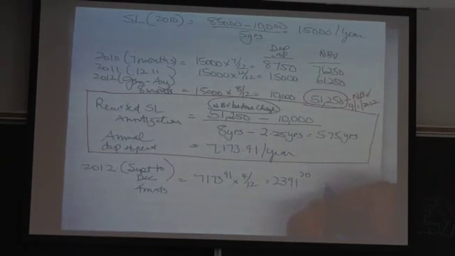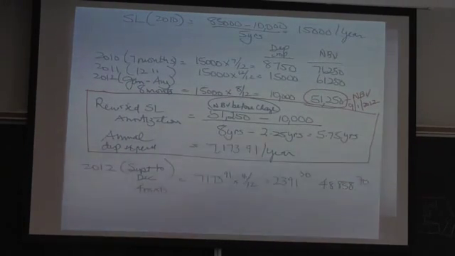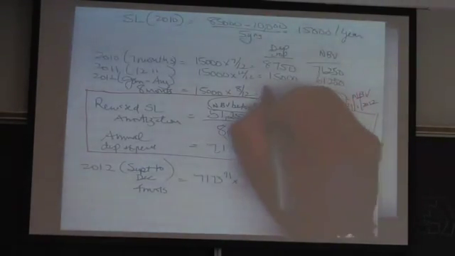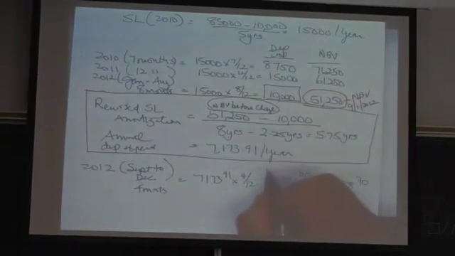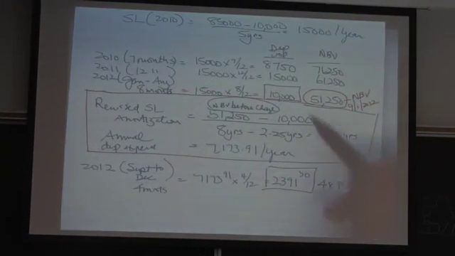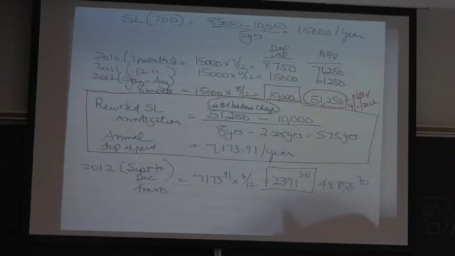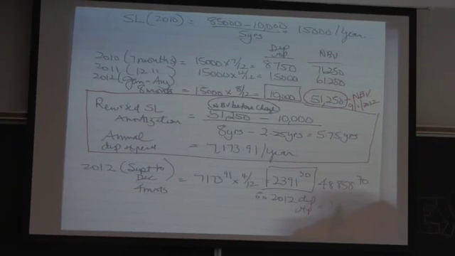So the net book value is going to be 48,858.70. The total amortization expense is the sum of 10,000 and 2,391.30, so the 2012 depreciation expense is $12,391.30.